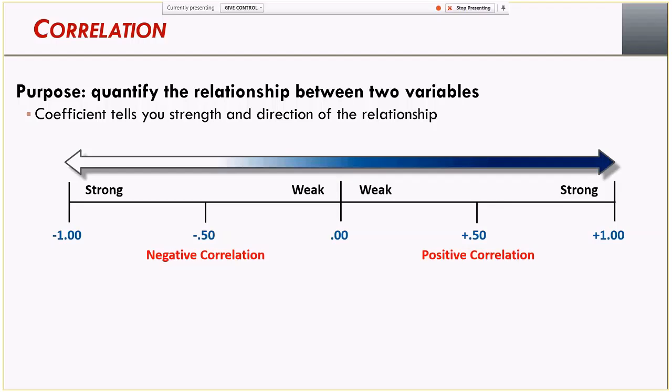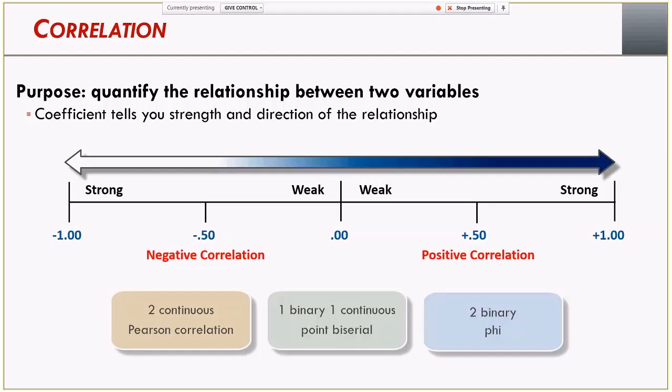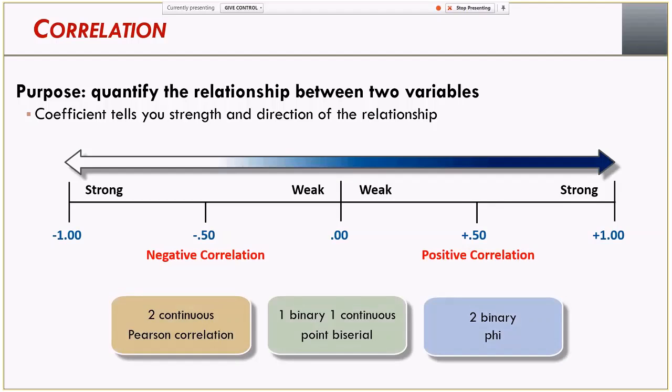For this, you can use 2 continuous variables, which is known as a Pearson correlation. You can use 1 binary and 1 continuous variable, which is known as a point biserial correlation. You can also use 2 binary variables, which is known as a phi coefficient, and it just goes on and on.